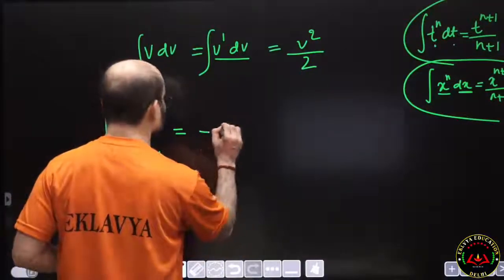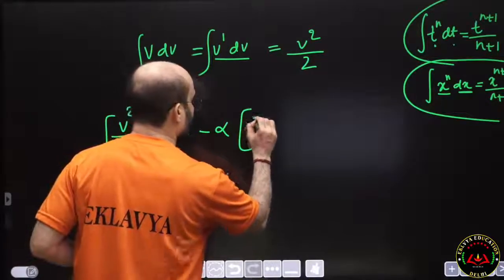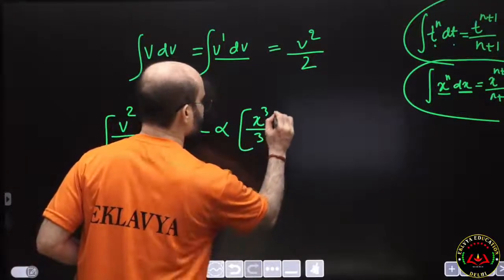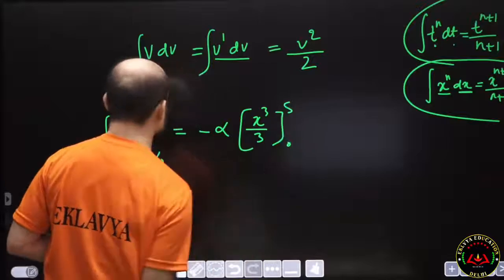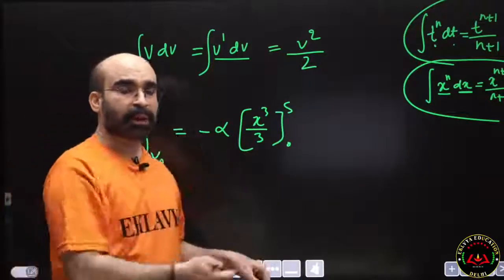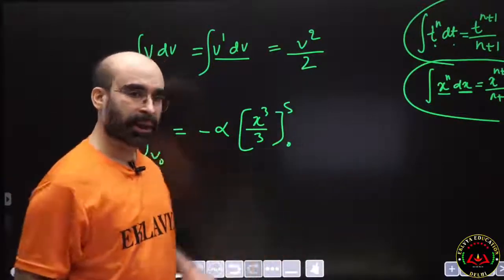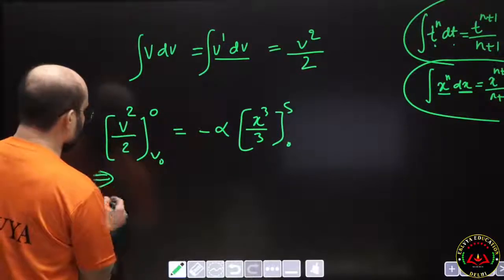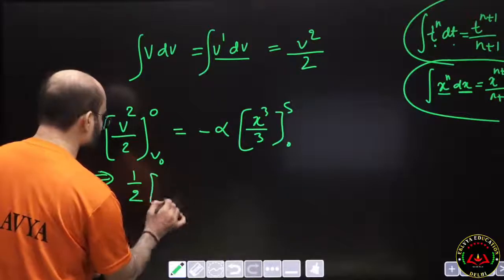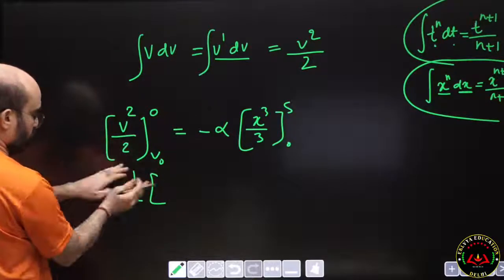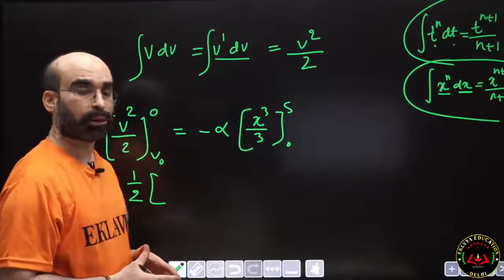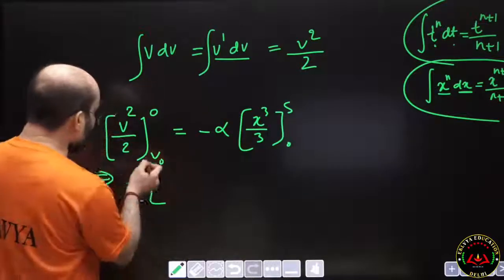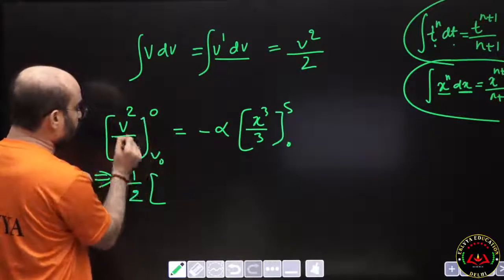So minus alpha x cube by 3, 0 to s. If we solve this, we find out the value of s, and then the problem will be solved, right? So we have this idea. I have taken the denominator here, 1 by 2 I have taken.